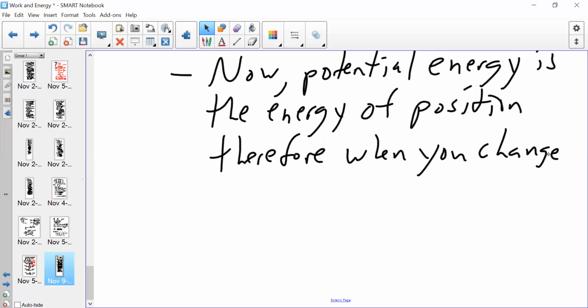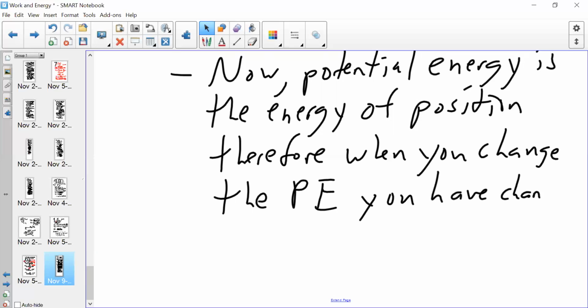We'll see that in equation form. If you change the potential energy, you have changed the position.